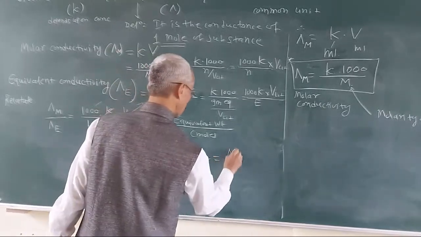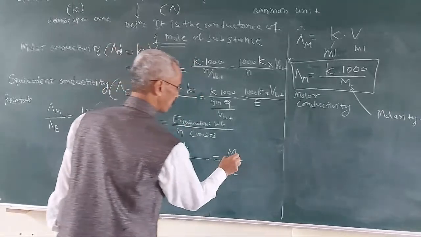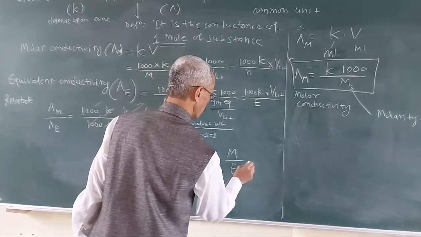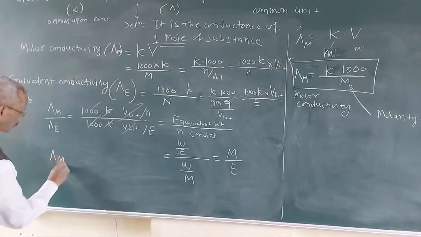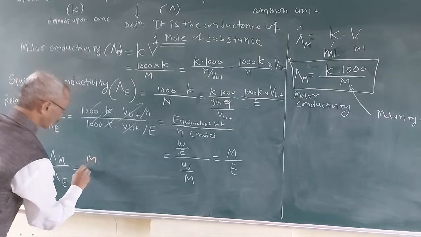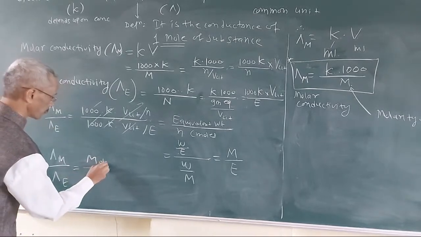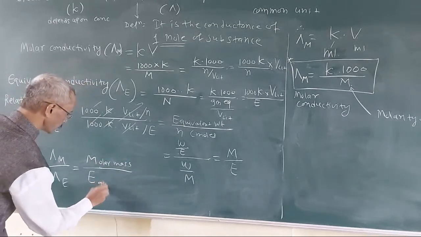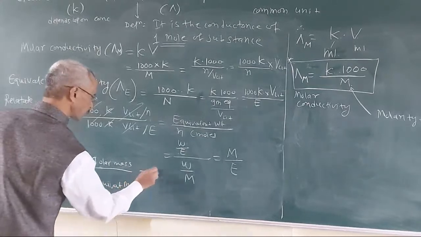This gives M upon E. So here the molar mass and equivalent mass ratio, as you know, is molar mass upon equivalent mass, and their ratio is found to be some factor F.